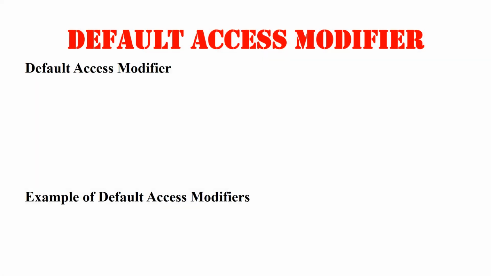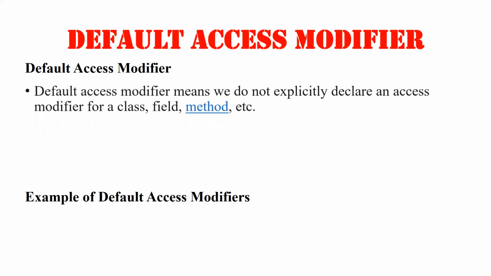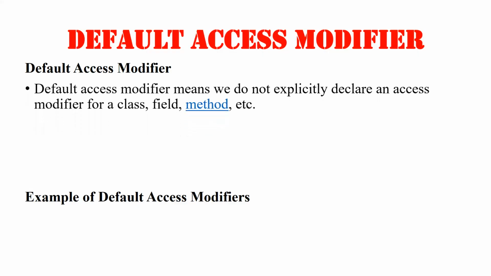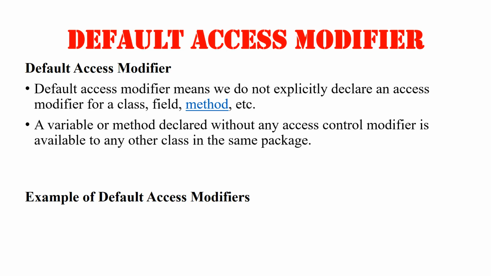Default access modifiers, when you are using them, you must know that they do not explicitly declare an access modifier for that class or method. So mostly the method is declared without any access control. Mostly they are available to any other class in the same package.